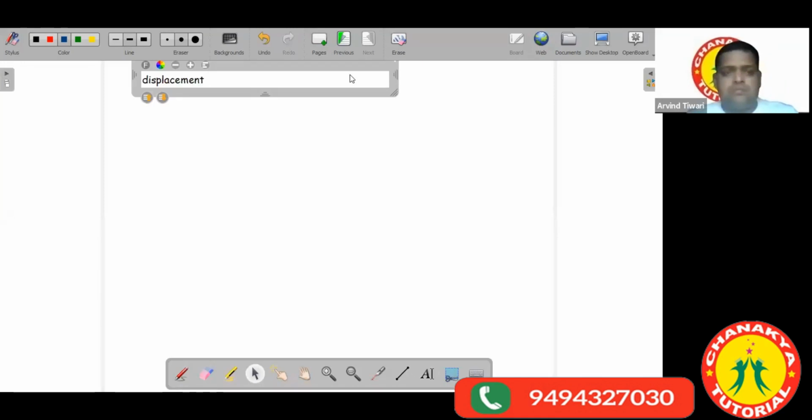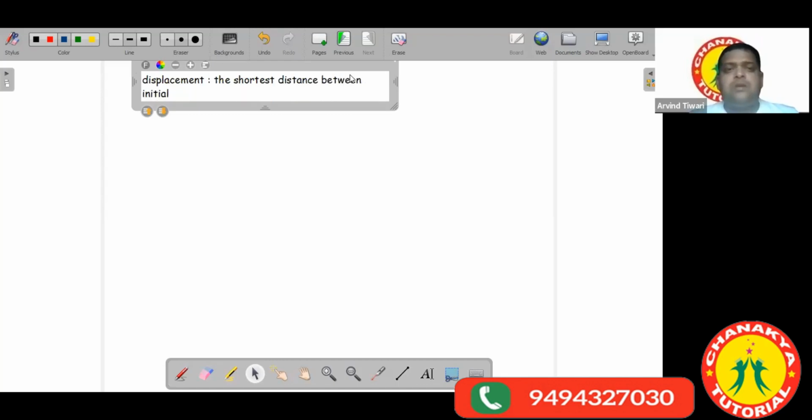Displacement is defined as the shortest distance between initial and final position. It does not depend on the path followed.